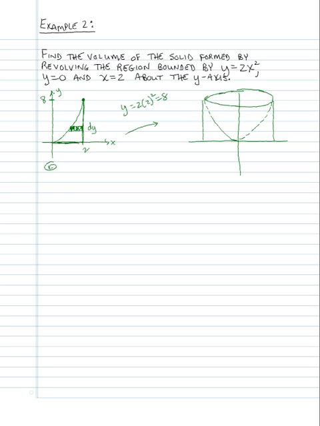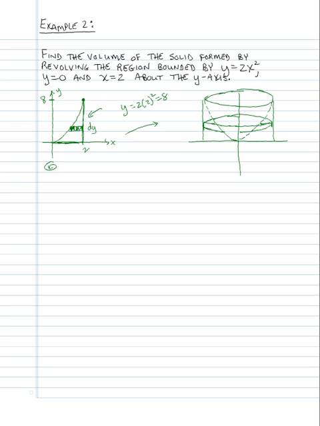Now, when we take this strip that we're talking about and it rotates, imagine what's going to happen. Here's the bottom of it. It comes around like that, and this comes all the way over here.